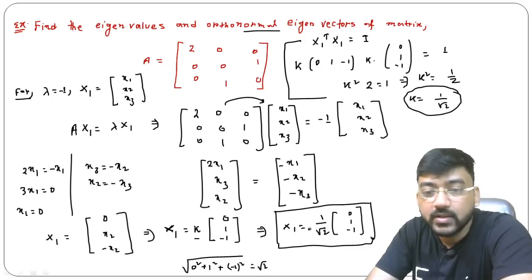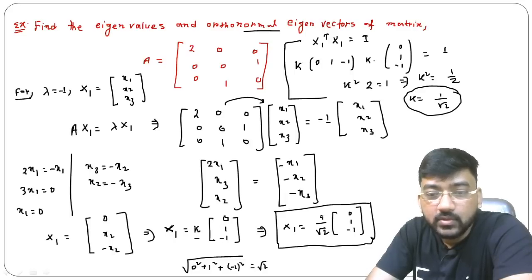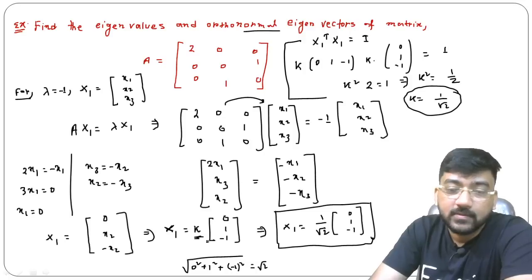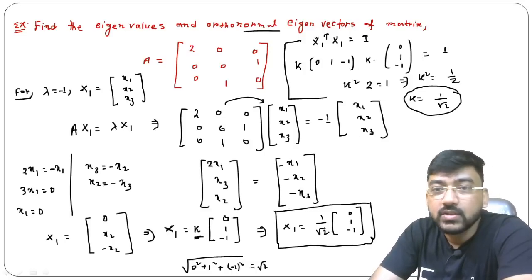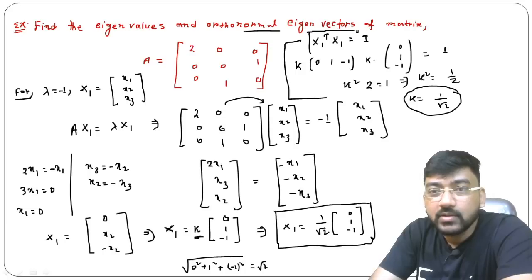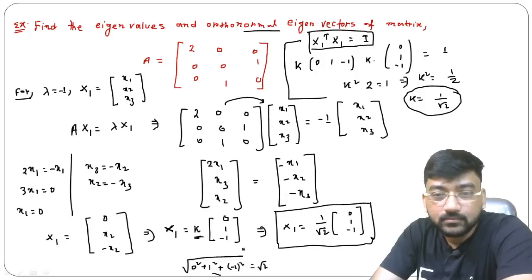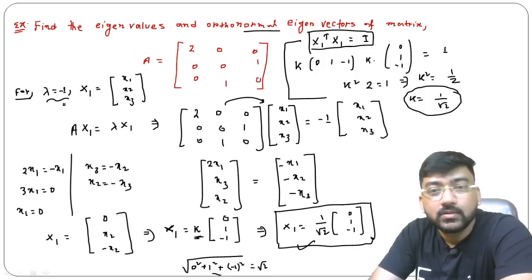And then you have to take the reciprocal of this root. So if you take the square root of the sum of squares of the elements, and then take the reciprocal, you will always get the normalization constant. So you can use this equation also, if you want to find the normalization constant, but you can get it directly by using this trick. So this is the eigenvector corresponding to lambda 1.